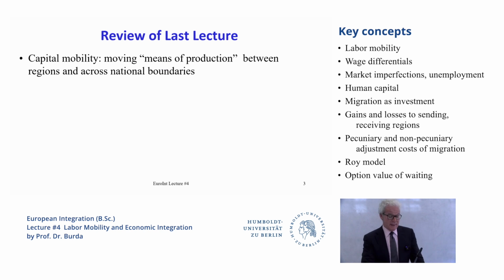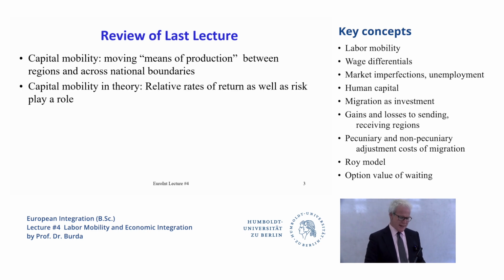Briefly, last time we talked about capital mobility. We're talking about the hard stuff, the physical capital that helps us produce more goods and services, often accommodated or facilitated by financial markets, but we're really talking about K in the sense of the Solow model. What drives that is basically relative rates of return. When labor is abundant, wages are usually low, and capital in a nearby region where capital is somewhat abundant will look over there and say, this looks like a good investment.